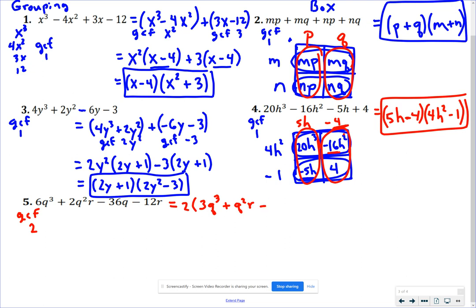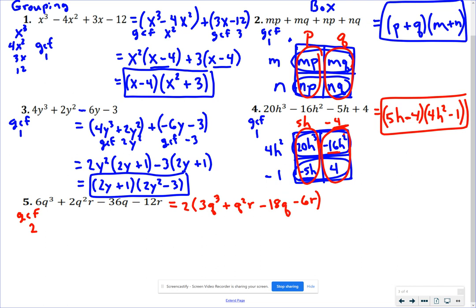Third term, negative 36 divided by 2 is negative 18, but there's a q with it. And the last term, negative 12 divided by 2 is negative 6, but there's an r with that one. So we have factored out the GCF.